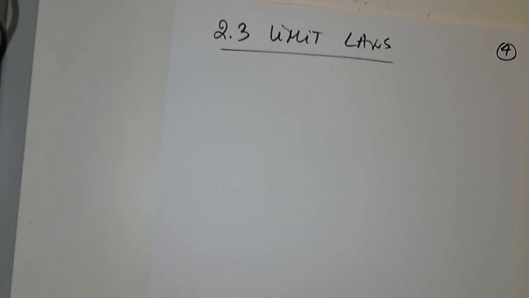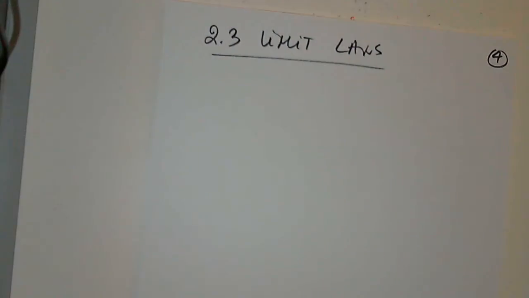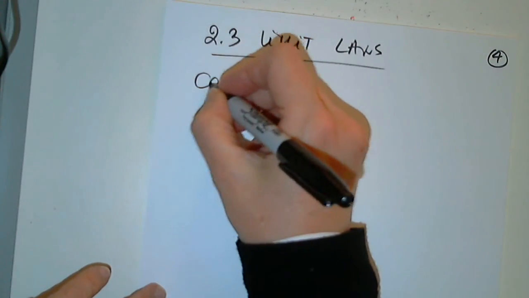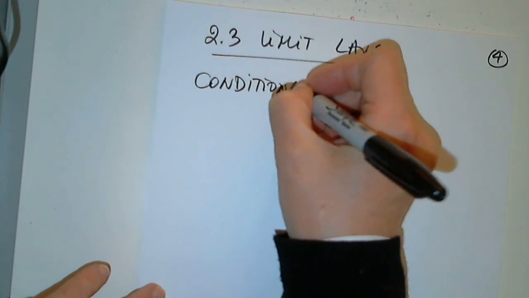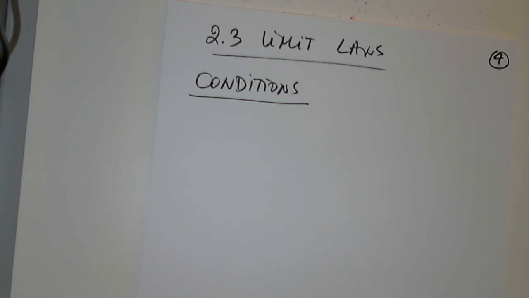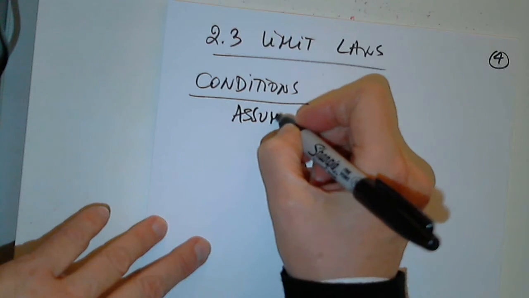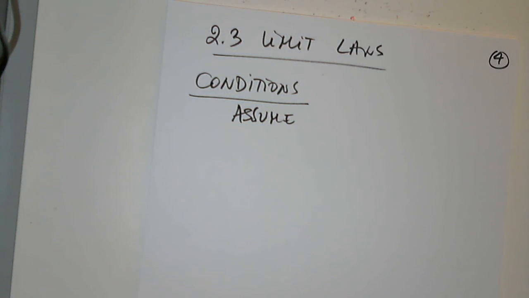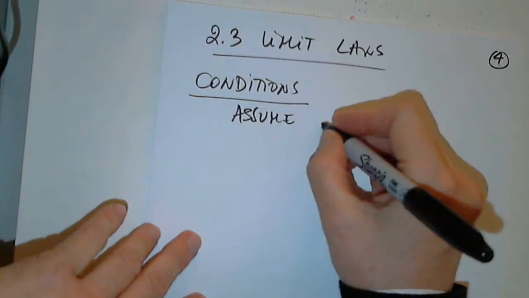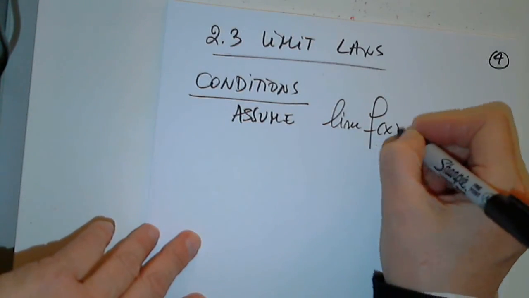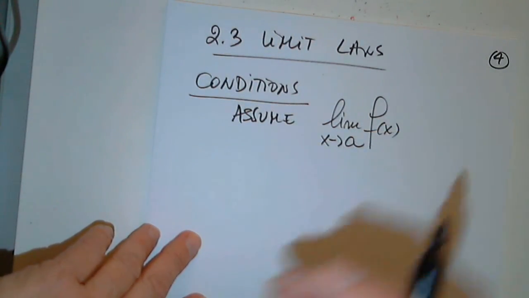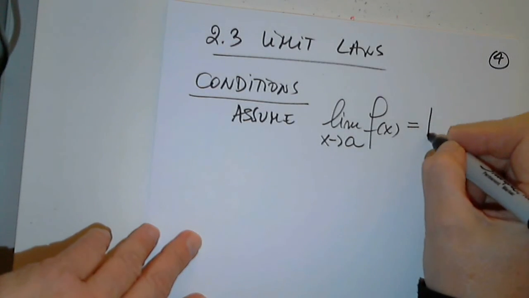There are about 11 limit laws that I will list for you and we will discuss. But the most important part of all this is the conditions. The conditions are extremely important. We have to assume, and if that doesn't happen, the limit laws are not applicable, that the limit of a function f as x approaches a from either side exists.